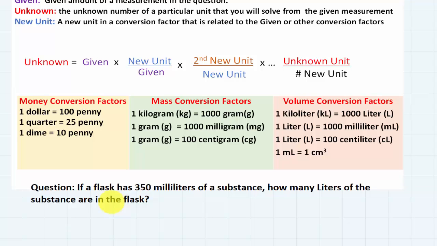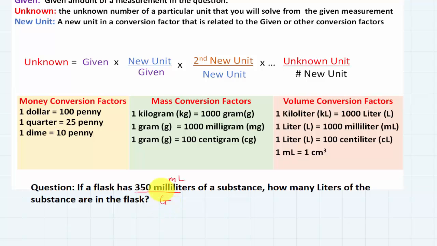Let's try another example. If I have a flask that has 350 milliliter of a substance, how many liters of the substance are there in the flask? So of course our given value is 350 milliliter, which is abbreviated by mL. So this is your given measurement.